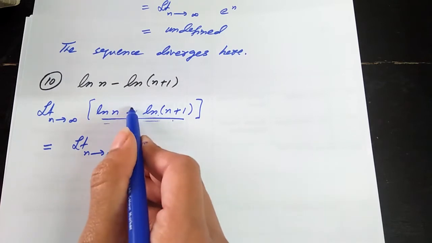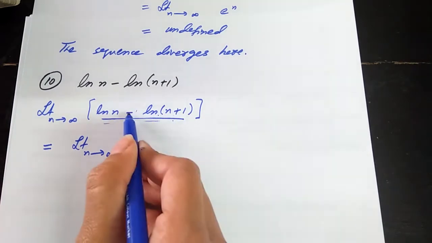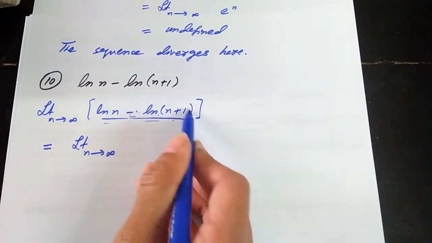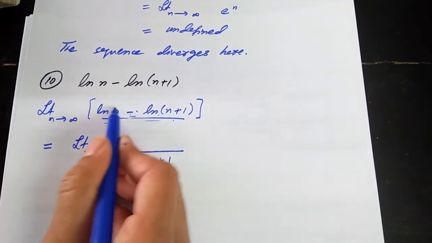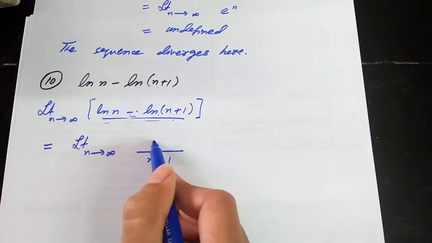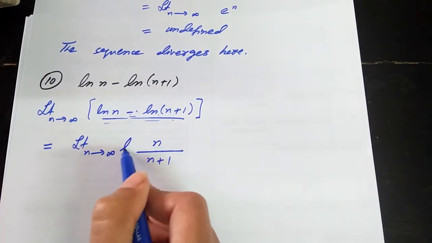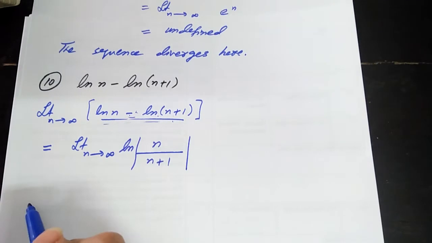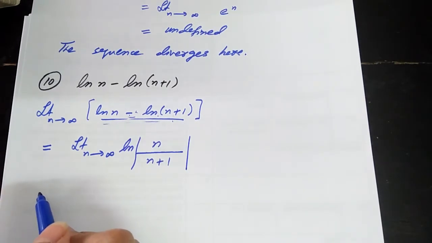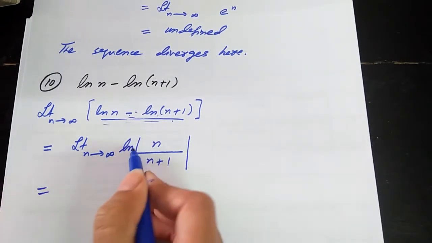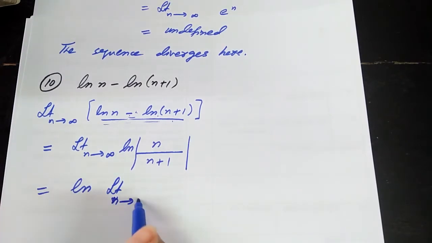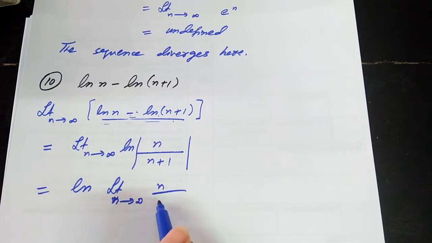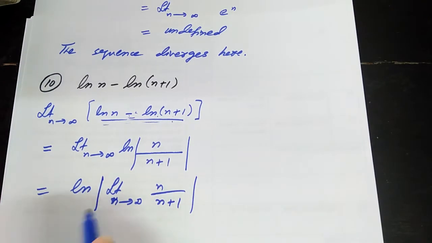It is subtracting, and the function with the subtraction is the second function, so it will be written in the denominator. The first function, with the positive sign, will be written in the numerator, with one ln function. So we can take this ln outside, and the limit as n approaches infinity of n over n plus 1.